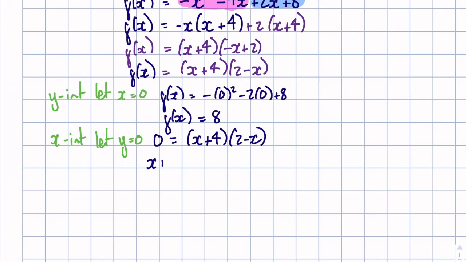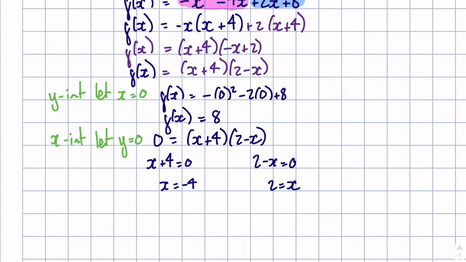We know that x plus 4 equals 0, so x equals negative 4. You just change the sign of whatever's in the brackets. We know 2 take x equals 0, so 2 equals x, or x equals 2. Doesn't matter which way we write it. Again, you may not think of this as changing the sign of everything in the brackets, but it kind of is because that's a minus x, not minus 2, if that makes sense. Yep. Okay, next step.